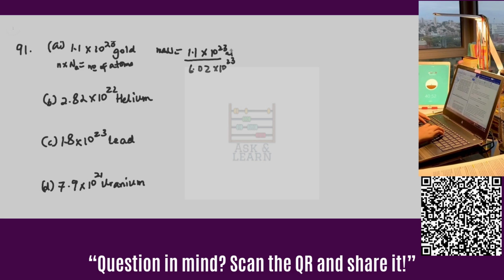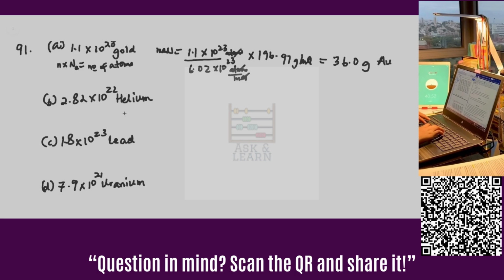I should include the unit: this is atoms, and this is basically atoms per mole. We'll multiply by the molar mass of gold, which is 196.97 grams per mole. What happens here is atoms cancel and moles cancel, so essentially we're left with grams. This ends up being approximately 36.0 grams of gold.